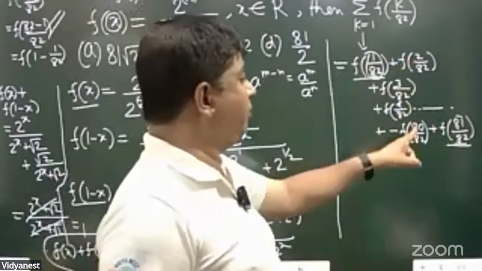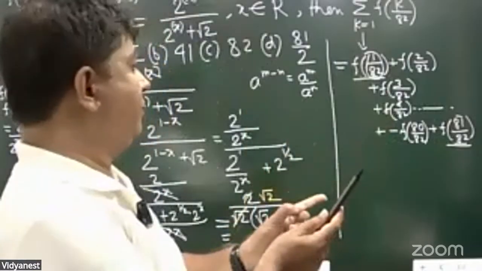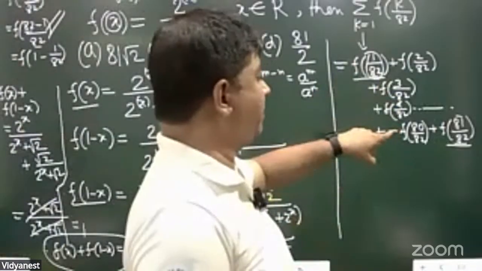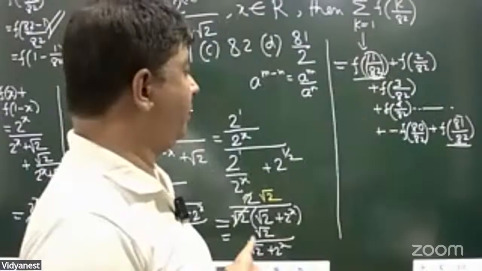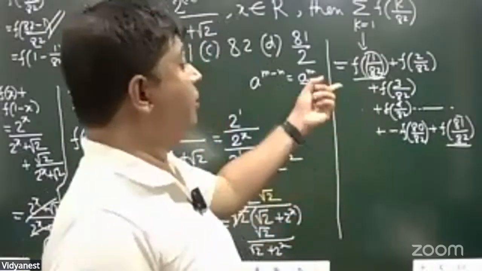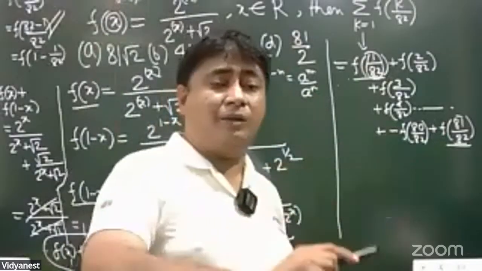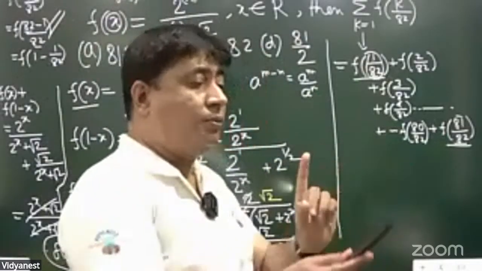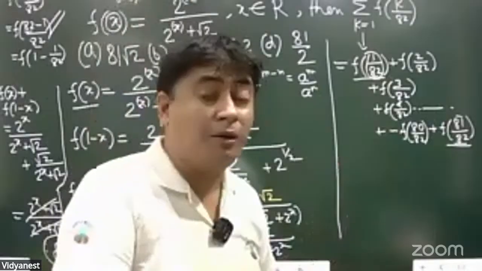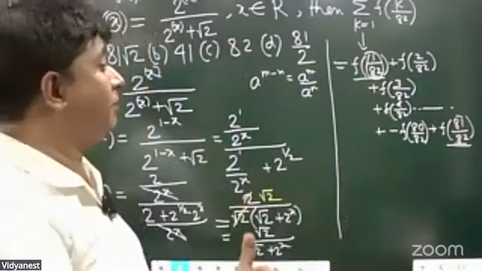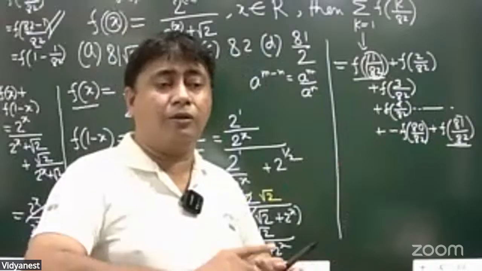Roll number 2 and 80 will be clubbed, roll number 3 and 79. In this way, roll number 31 and 51 also make a group. But what about roll number 41? Roll number 41 will have no group.